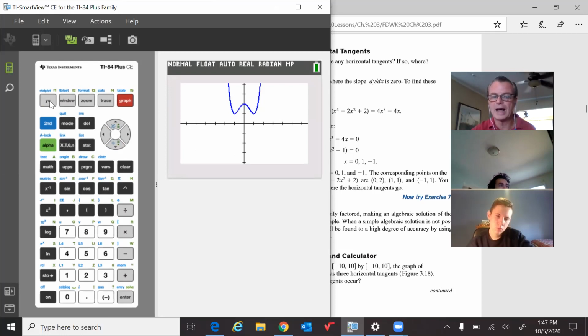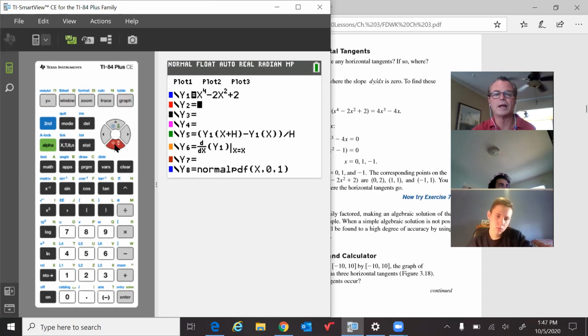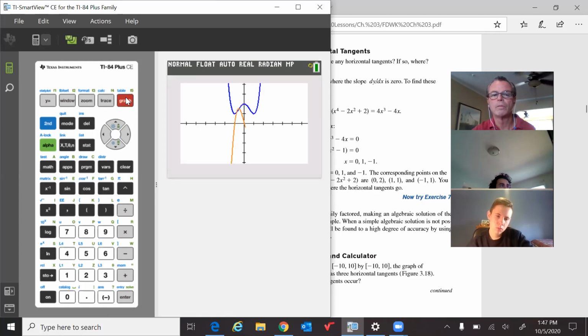Then if I go in here, and how does that work with my answer? We already know what the answer is, so I'll just turn on y6 for now. If I draw the derivative, what do you notice? The horizontal tangents occur at the input where the derivative is 0.